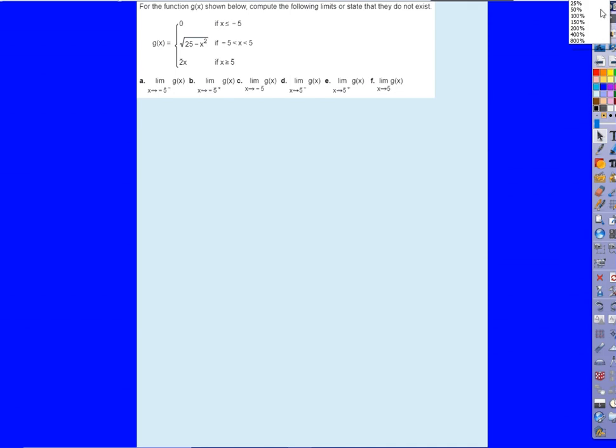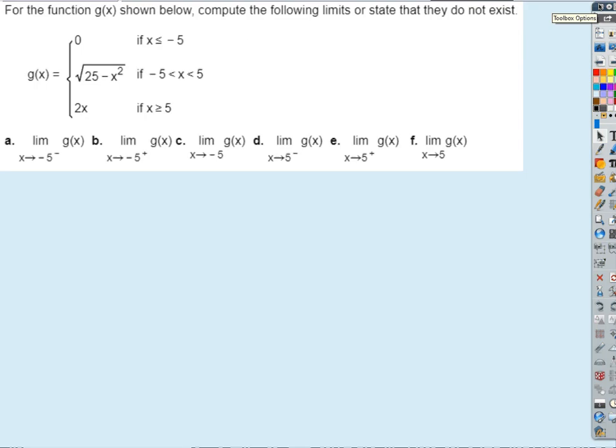G would be 2x. Okay, so how are we gonna do this? B would be... Talk to me. Substitute x. Okay, we gotta be real careful about our language and how we approach this. By substituting, you probably mean direct evaluation of the limits. Good.